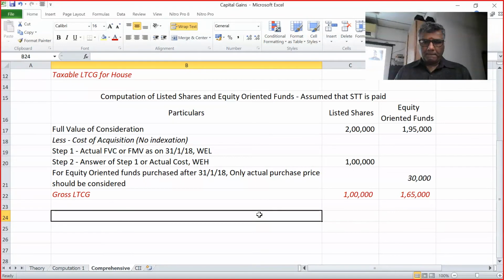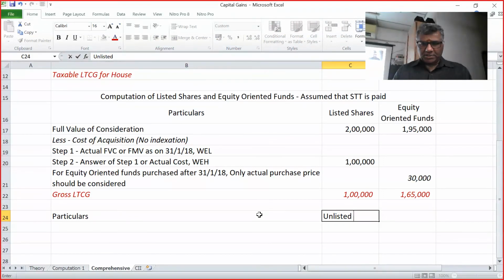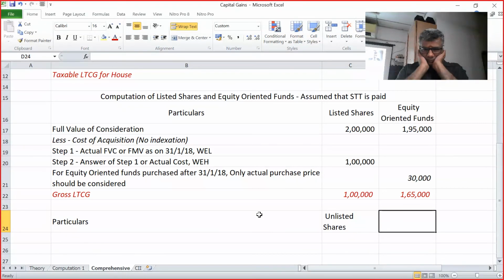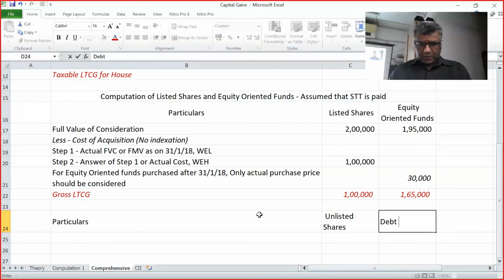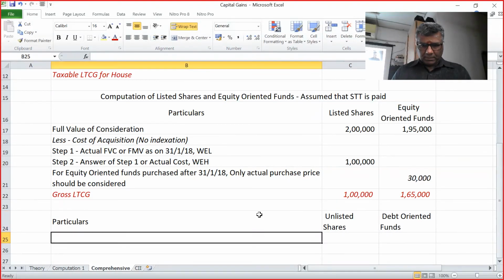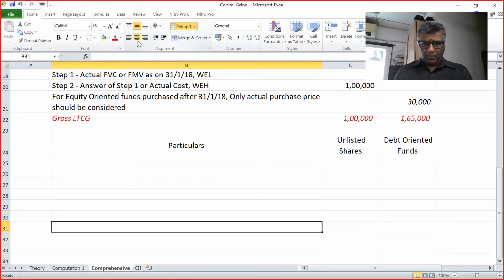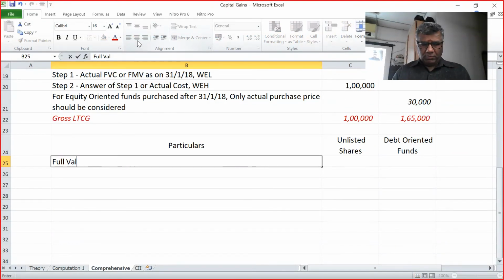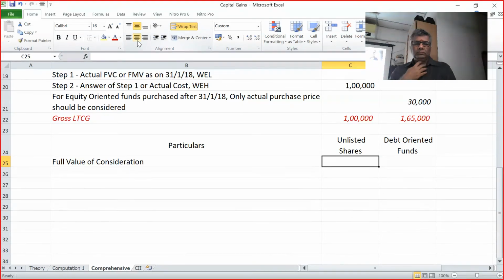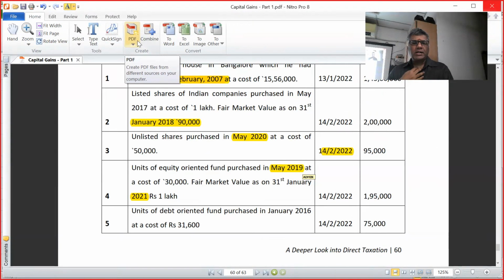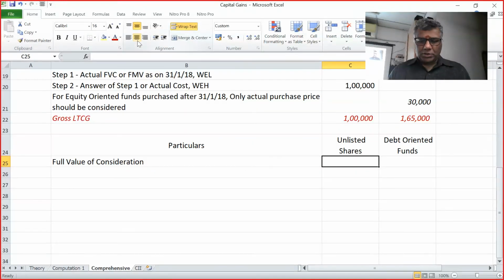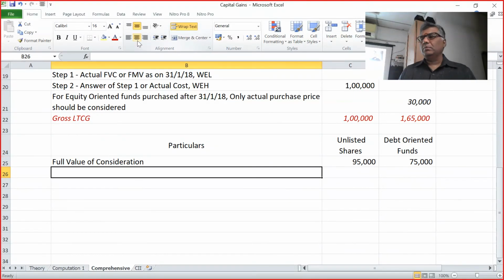Unlisted shares, debt oriented funds. Full value of consideration for unlisted shares 95,000, for debt oriented funds 75,000, less COA.